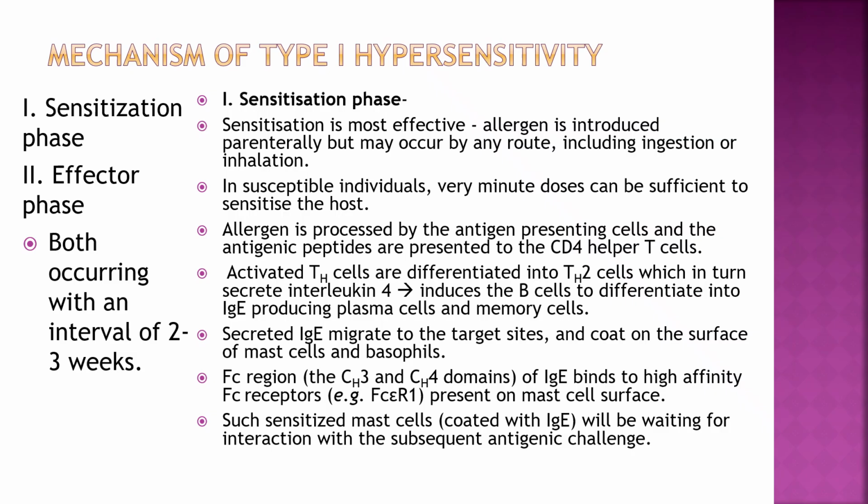Secreted IgE migrates to target sites and coats the surface of mast cells and basophils. The Fc region, the CH3 and CH4 domains of IgE, binds to high affinity Fc receptors on the mast cell surface. Such sensitized mast cells coated with IgE wait for interaction with the subsequent antigenic challenge.